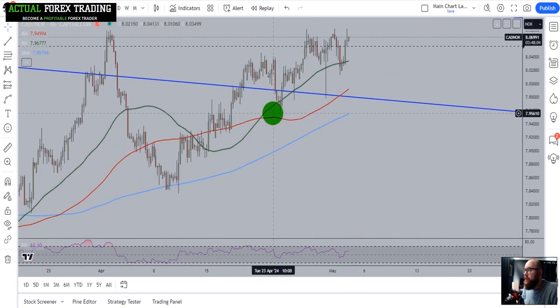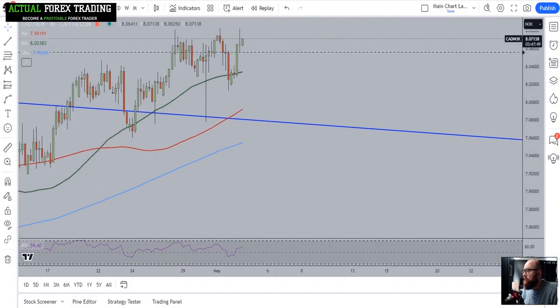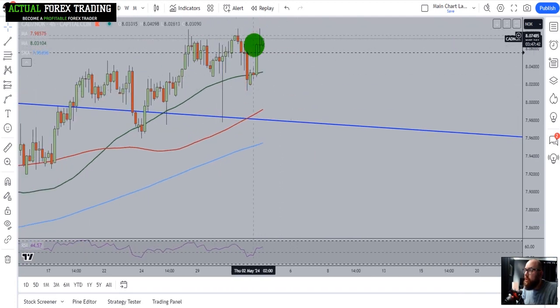On the 4 hour, there's potentially a head and shoulder pattern forming here. It looks more like a 1 hour head and shoulder pattern, but I'm taking this on the 4 hour. Shoulder, head, potentially a shoulder now, and at 2 o'clock, so this past hour, this 4 hour candle closed and closed this pin bar. I call this a perfect pin bar.